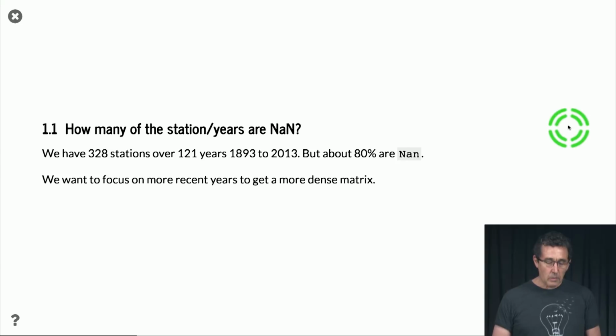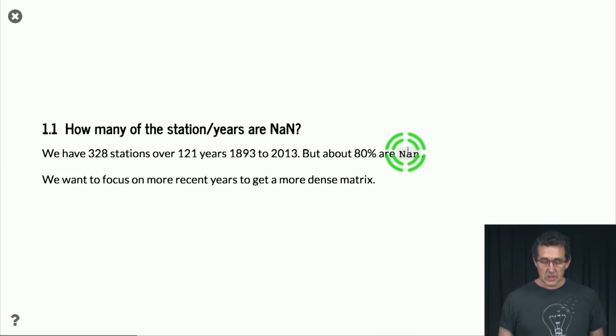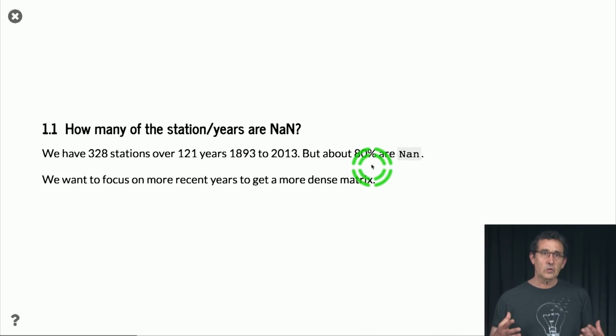So how many of the station-year combinations are NaN? We have 328 stations and 121 years, but about 80% of those are NaN. It is, in general, not a good idea to do statistics when you have very sparse data, so we would like to try and make the data a little bit less sparse.